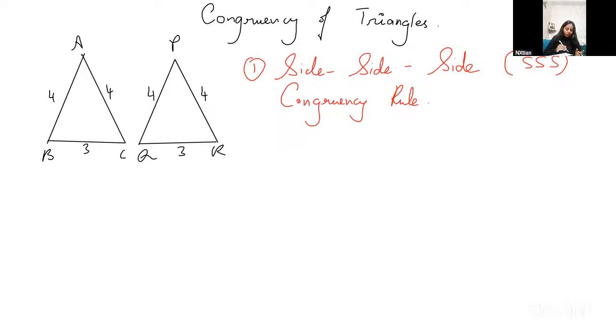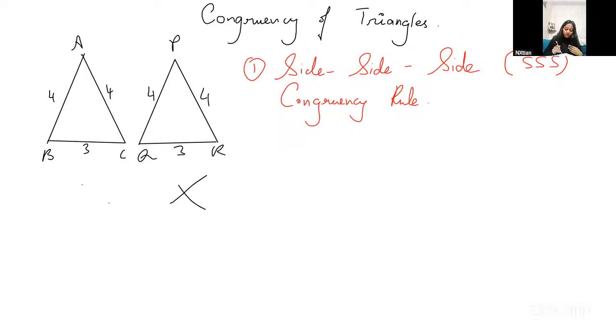What if this is 4 and this is 3? Not congruent. Why? Because the corresponding sides are not equal. The sides are equal, 4, 4, and 3, and 4, 4, and 3, but the corresponding sides are not equal. This should be 4, this should be 4, and this has to be 3 only.